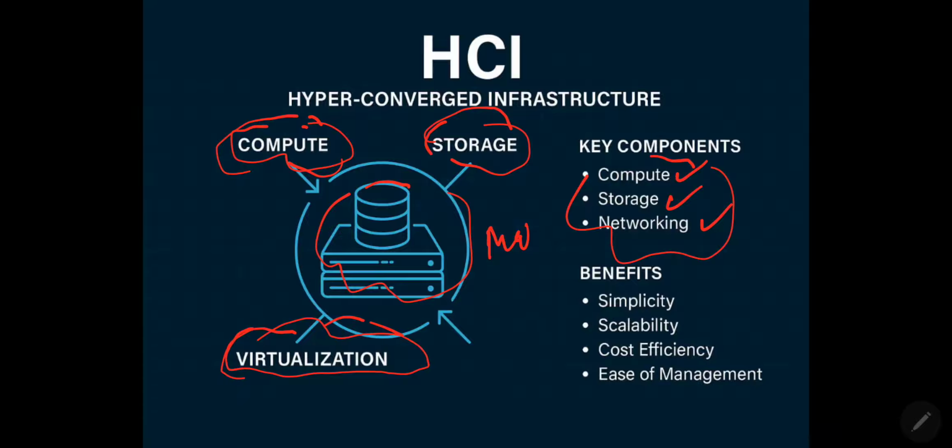The components of 3-tier architecture are compute, storage, and networking, but not in one packet. All of this was separated, and right now all of this is in one packet.